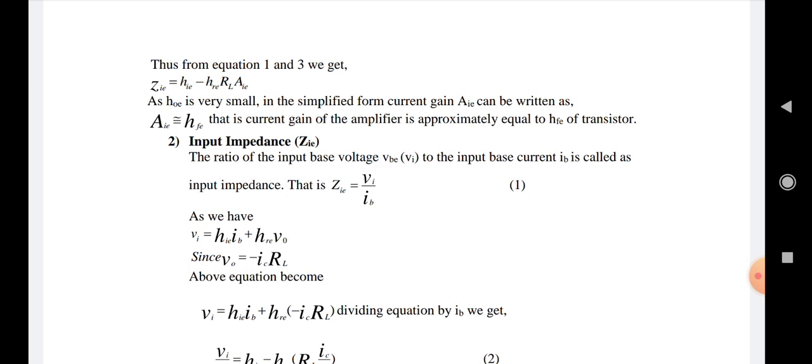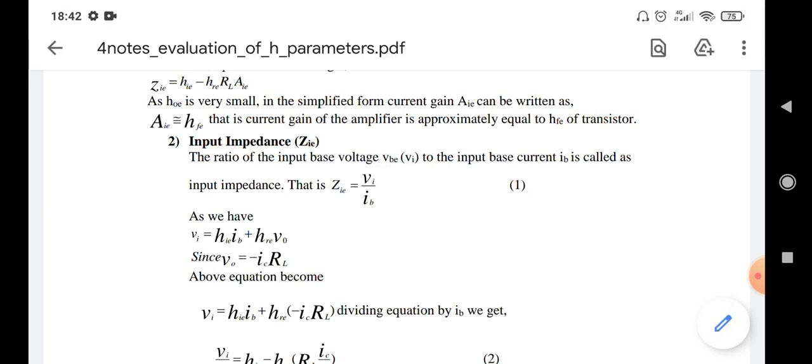It means that in this equation ZIE is equal to HIE. The ratio of input base voltage, meaning the voltage between base and emitter, VBE, to the input base current IB, is called the input impedance.